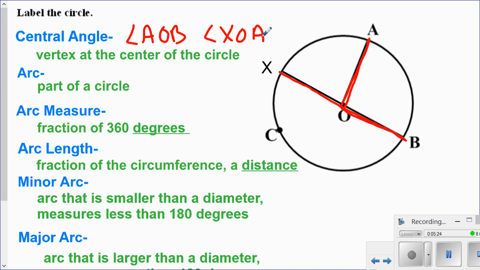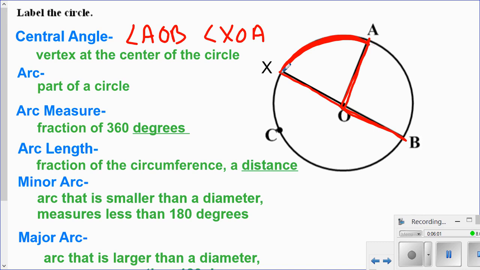Okay, arc. Arc is a part of the circle. So if I highlight right here, if we're thinking of this circle as almost like a pie or a pizza, the arc would be the crust of the circle. The arc that I just highlighted is only part of the whole circle, but that particular part that I highlighted is called an arc.